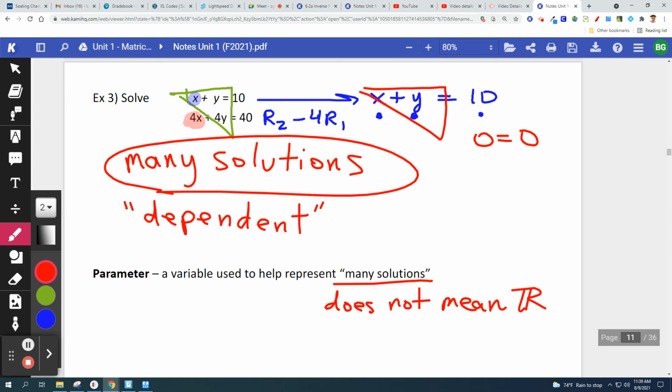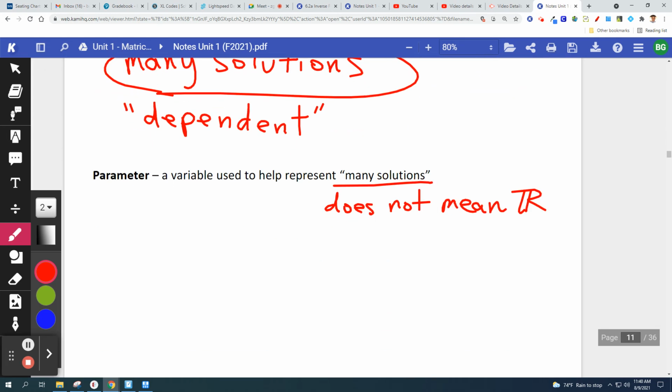Essentially what happened with many solutions, and you know this when you graph it, if you have two equations, but it turns into one line, it turns out that you really only have one equation. And so in this case, x plus y equals 10. Let's look at it.